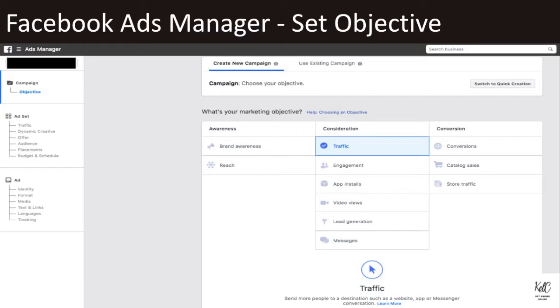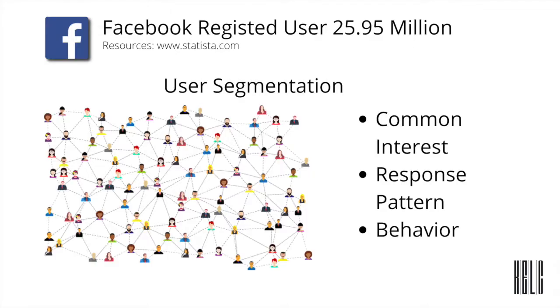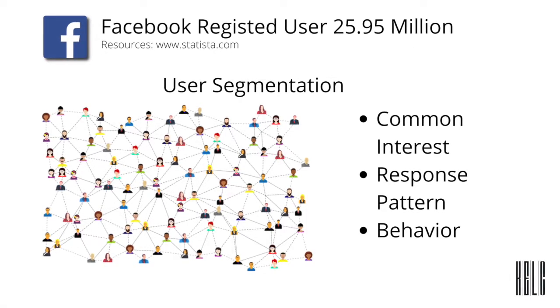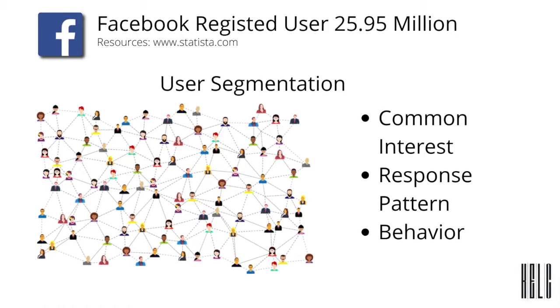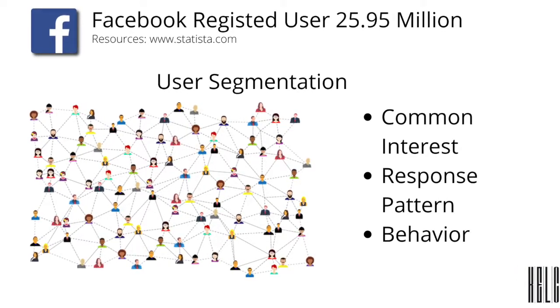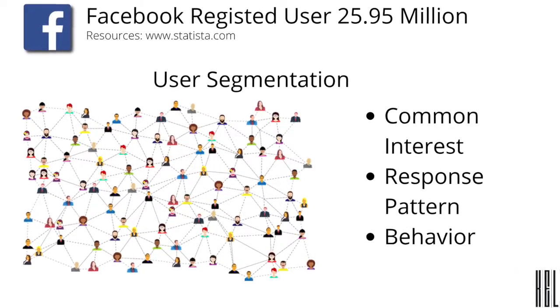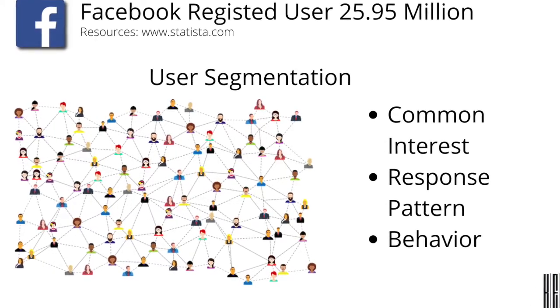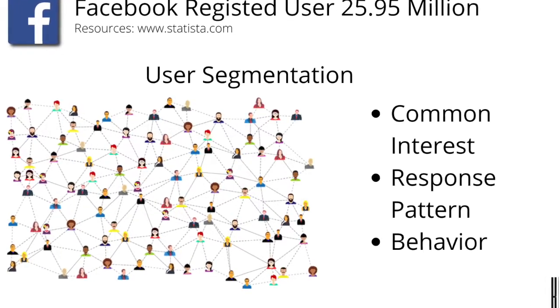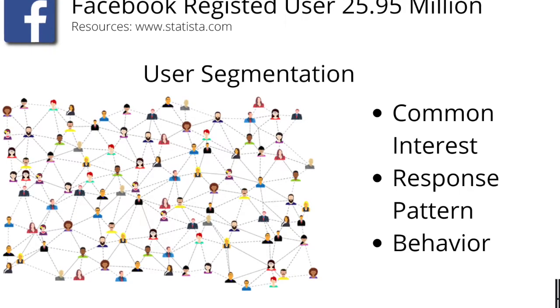This comes back to how the Facebook algorithm works. Facebook has a huge number of registered users, but how are they going to segment all of us? We are consumers. First of all, it segments us based on our habits, our behavior, our purchasing patterns, and what kind of things really interest us and are important to us.